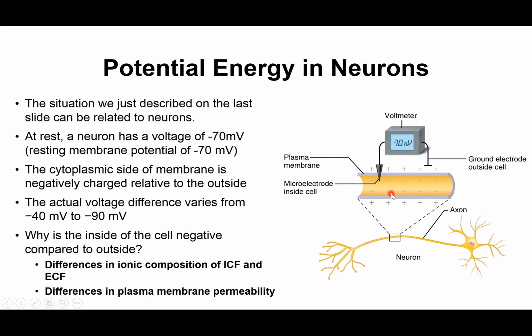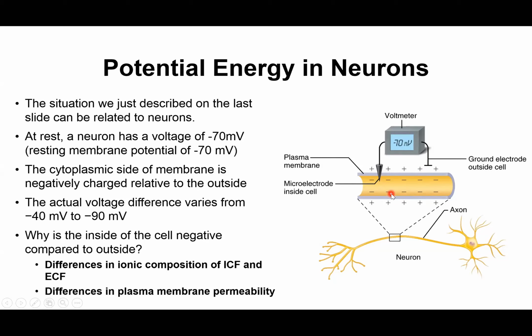Sodium molecules have a higher concentration, so there's more sodium molecules outside of the cell than there are inside of the cell. Alternatively, we have more potassium ions inside of the cell compared with outside of the cell.